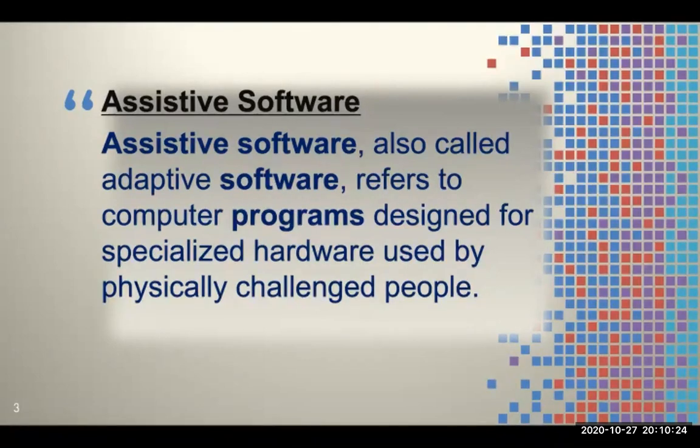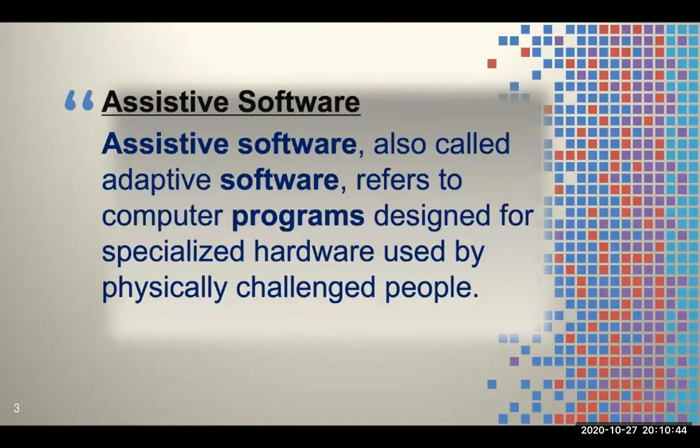These are called assistive software, also called adaptive software, and they refer to computer programs designed for specialized hardware used by physically challenged people. These people can be in different scenarios.